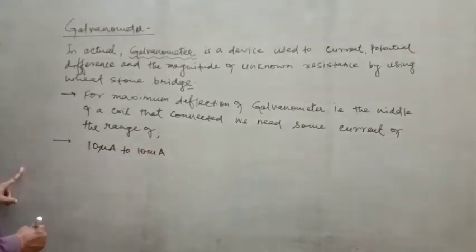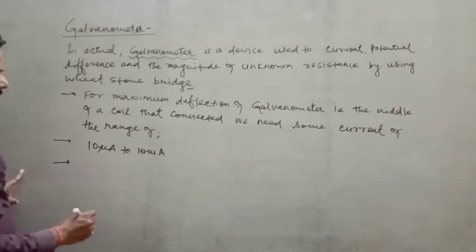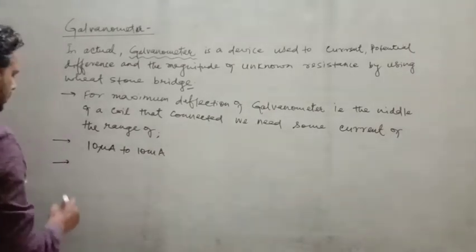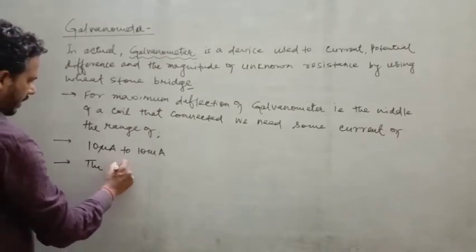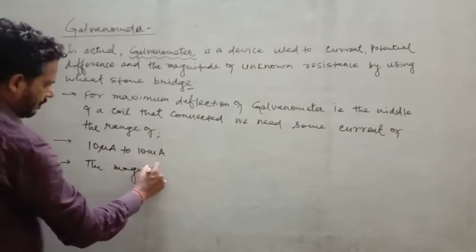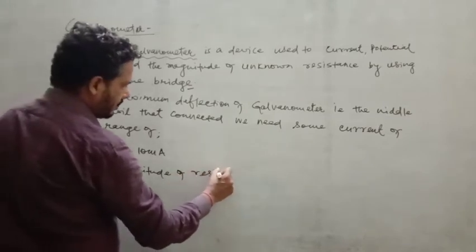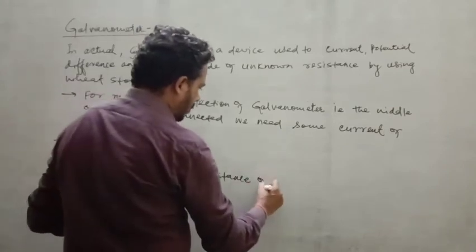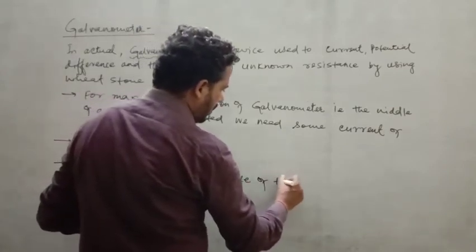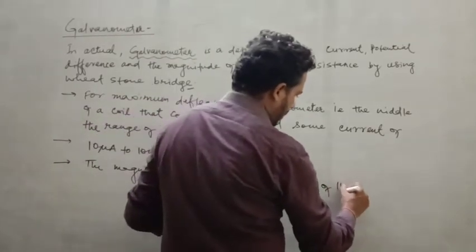And what should be the magnitude of resistance of the coil of the galvanometer?